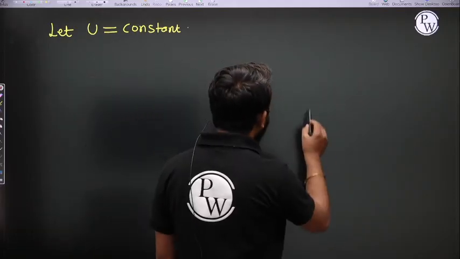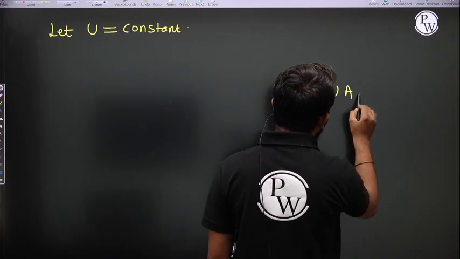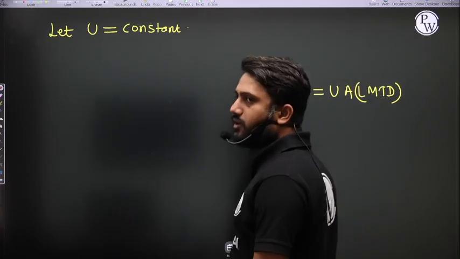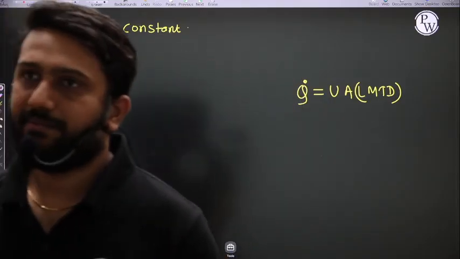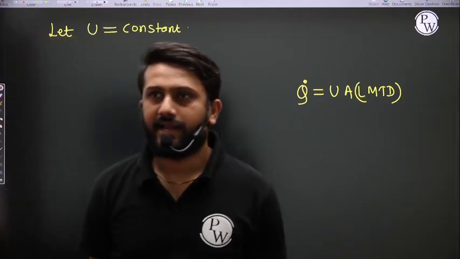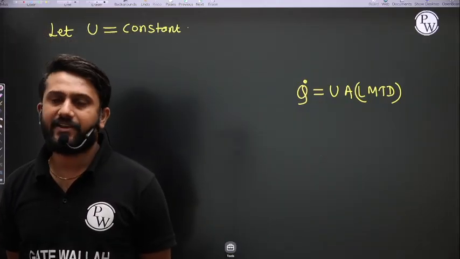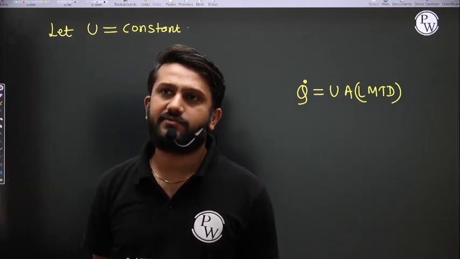The area is the same. See here, Q dot is equal to U into A into LMTD. So U is the same, A is the same. So Q dot depends on LMTD, and where LMTD is more, the rate of heat transfer will be more.